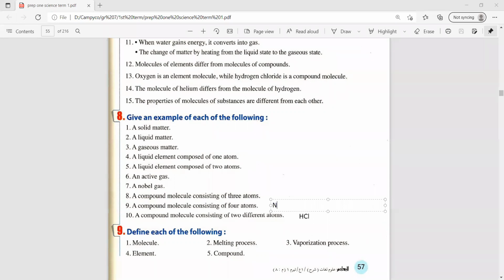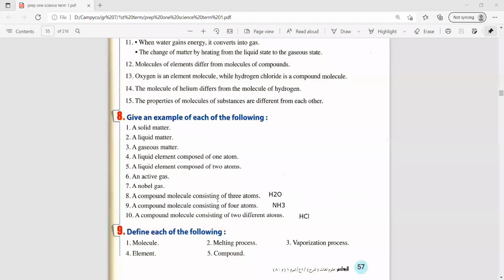N, H, 3. NH3. You have to know them. 1 nitrogen, 3 hydrogen. A compound molecule consisting of 3 atoms: H2O.